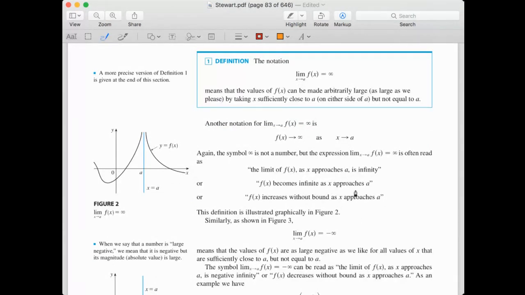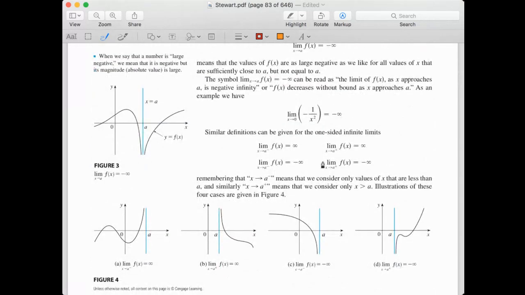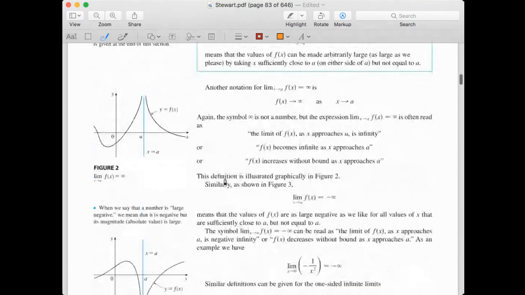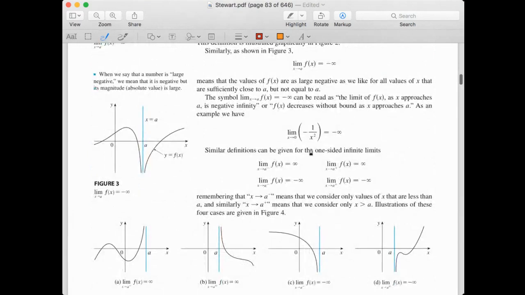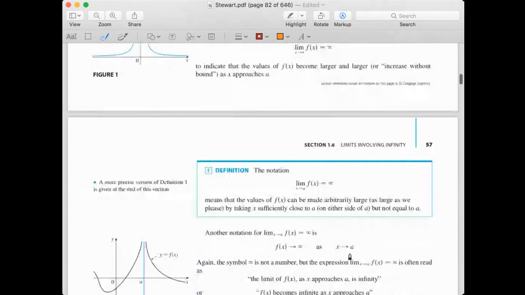Similarly for negative infinity. Like this function, if we put a negative sign, it goes to negative infinity, because both of the values will be down. We don't really have this graph, but this graph just puts this branch on the third quadrant and this branch on the fourth quadrant. So it goes to negative infinity because we negate the y value.